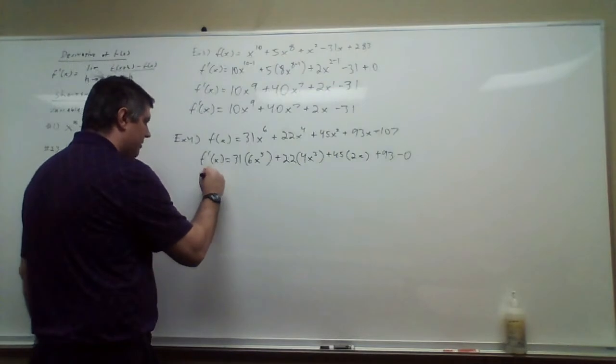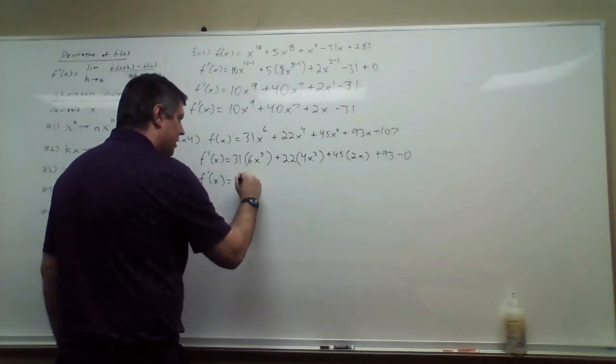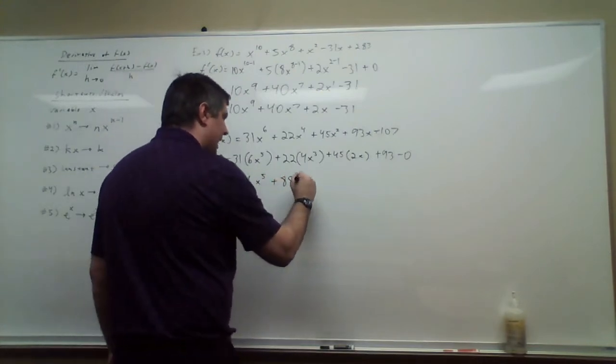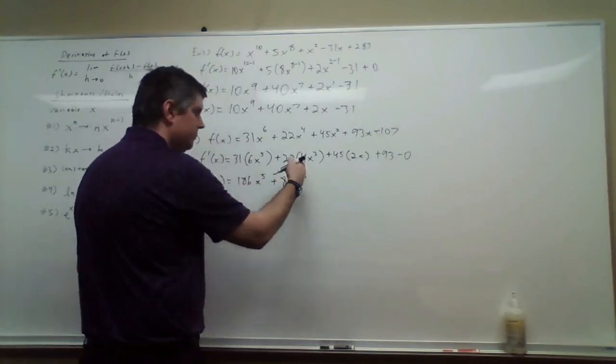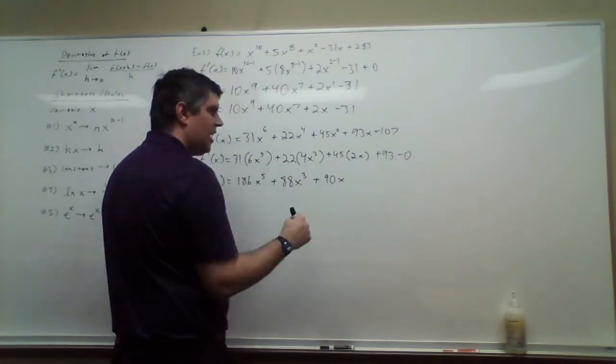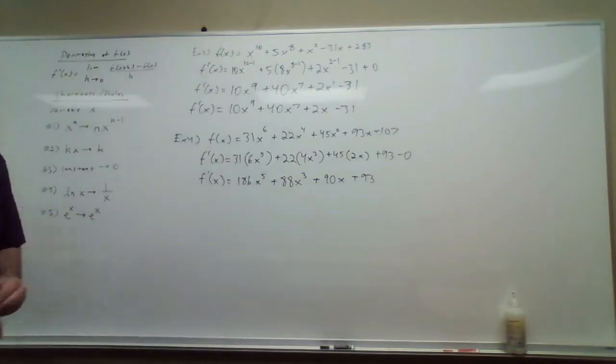So f prime of x is just 31 times 6 is 186, x to the 5th, plus 88, x to the 3rd, plus 90x, 45 times 2 is 90, plus 93. That is your derivative. Okay?